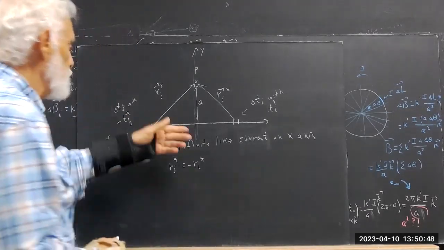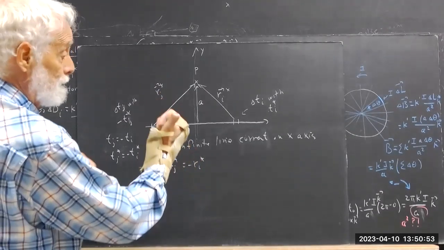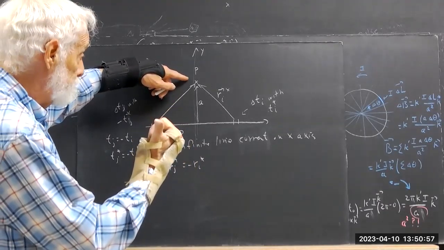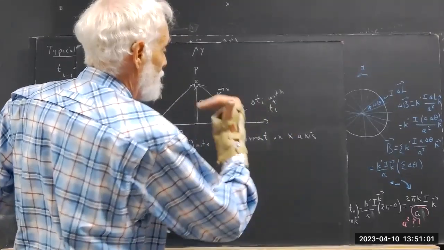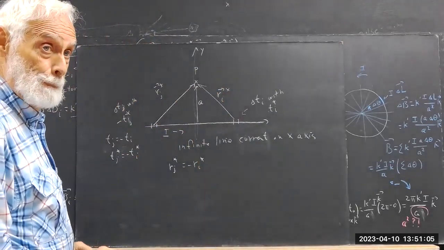If the current is to the right, then we have this field out of the board. Again, the field is out of the board. Is that out of the board? Okay.